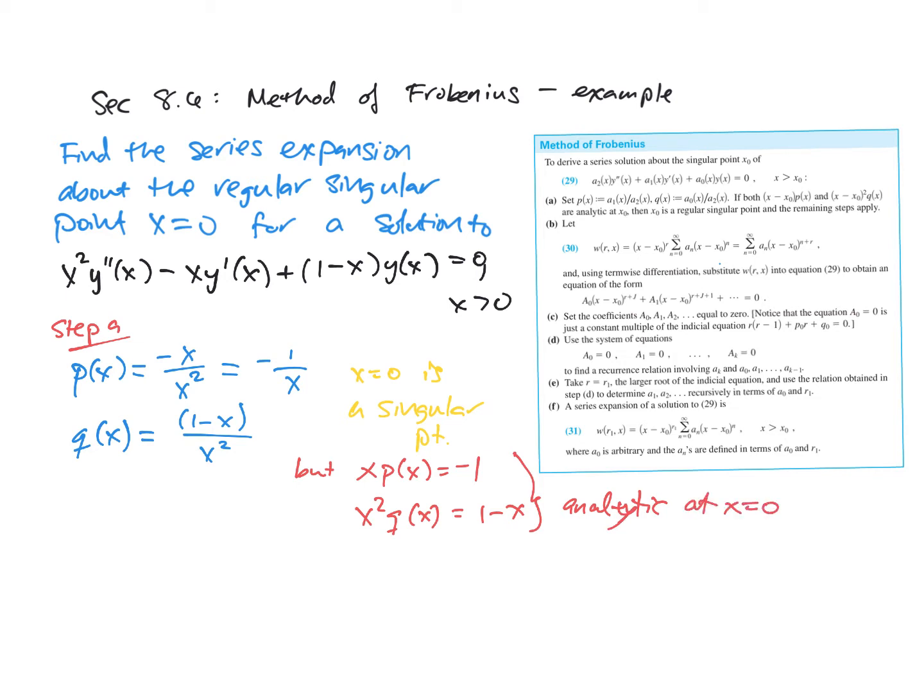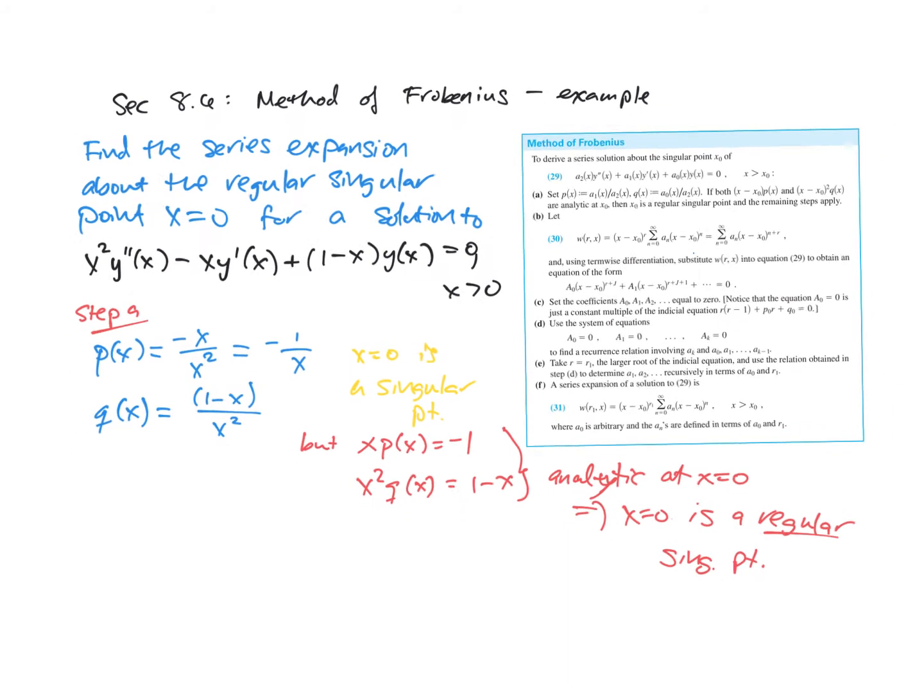So that's how we have that X equals 0 is a regular singular point. Okay, so step A is just sort of verifying that.